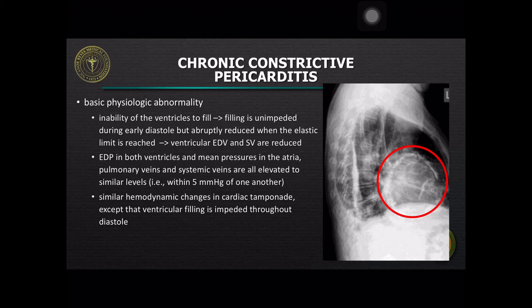End diastolic pressure in both ventricles and mean pressures in the atria, pulmonary veins, and systemic veins are all elevated to similar levels, which is within 5 mm of one another. Constrictive pericarditis has similar hemodynamic changes to cardiac tamponade, except that ventricular filling is impeded throughout diastole in tamponade.